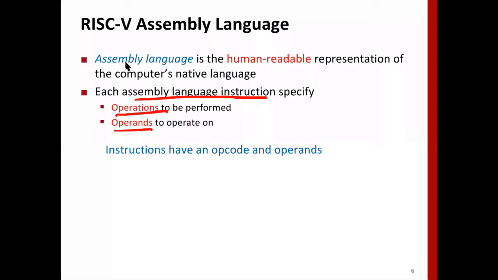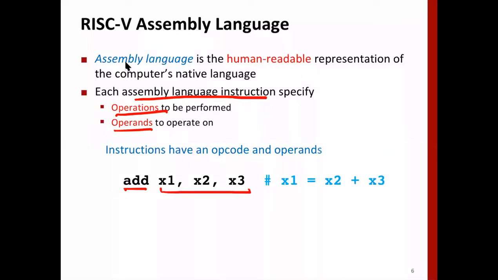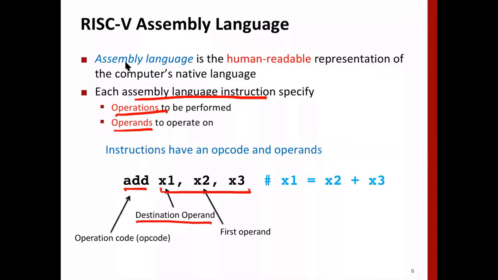An assembly or machine language instruction has some operation to be defined and the operands on which it is doing the operation. So we have something called the opcode, and then there are operands. This is the destination operand, this is the first source operand, and this is the second source operand.